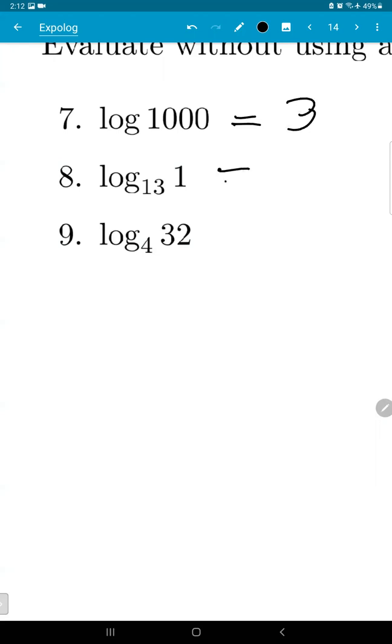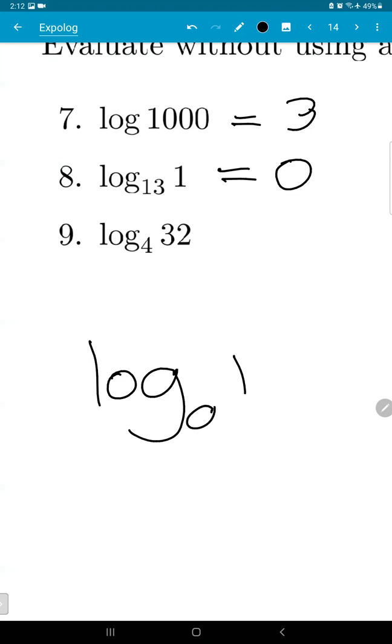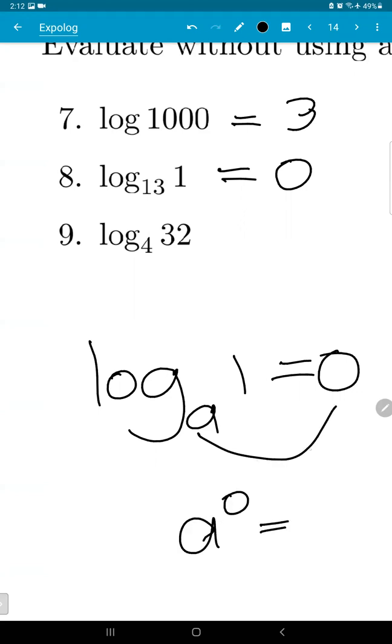What should I raise 13 to get 1? 0. In fact, logarithm of 1 to any base is always 0. What should I raise 8 to get 1? It's always 0. Or if we write in the equivalent exponential form, a to the 0 equals 1, and that is true.